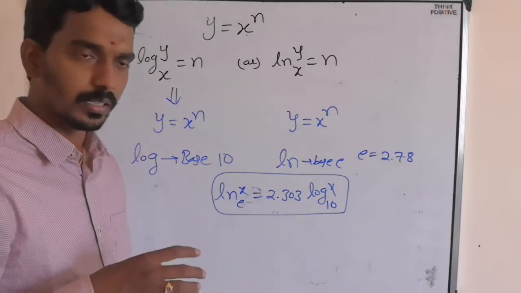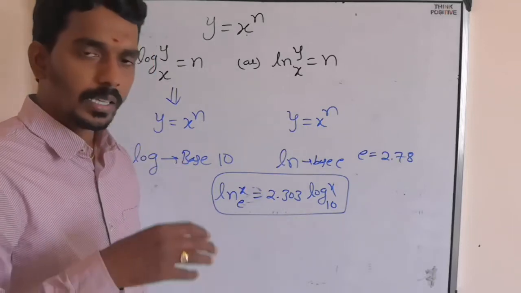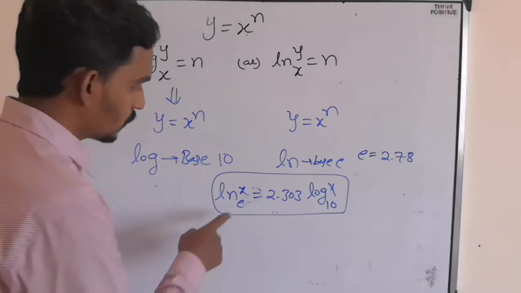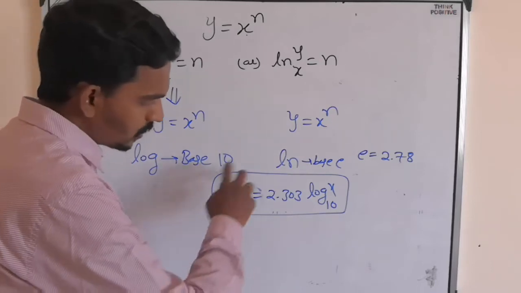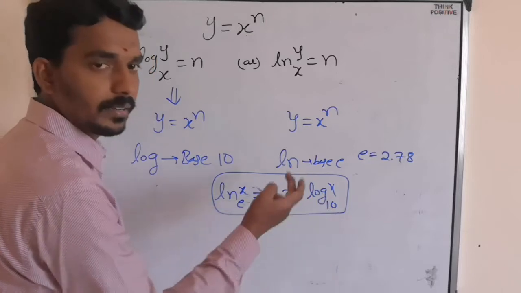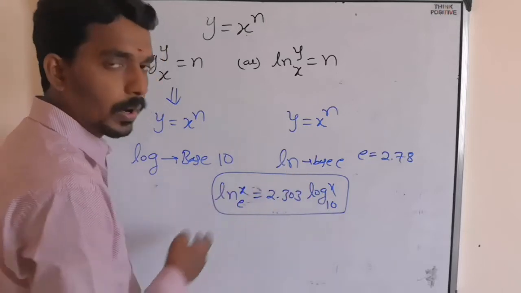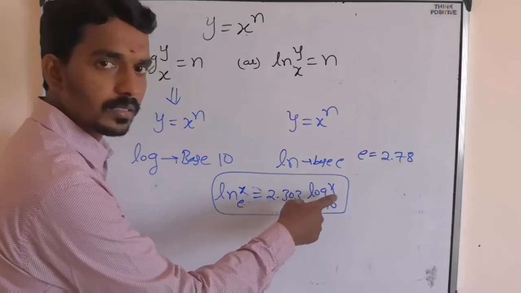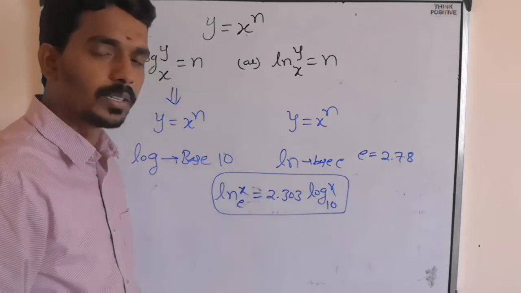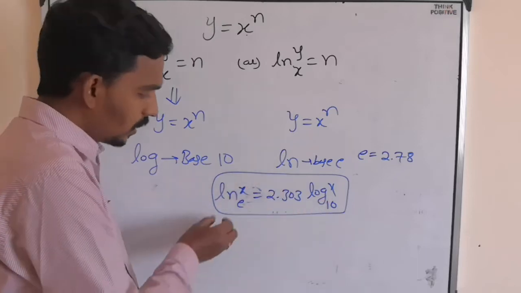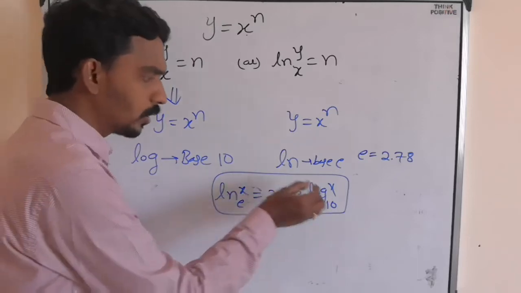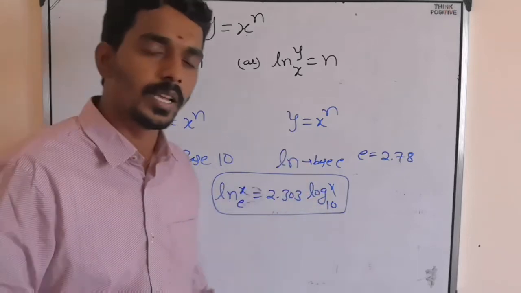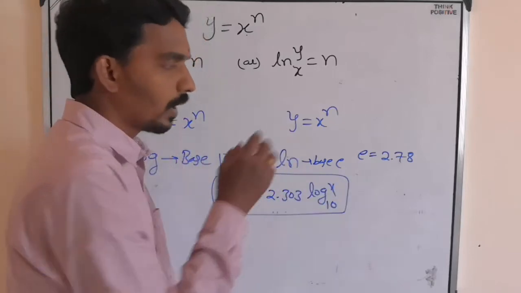So in calculation, anywhere you get a value with respect to base e, you first change it into base 10 by multiplying with 2.303. Ln x is nothing but log x multiplied by 2.303, so you first convert from base e to base 10, then you substitute the log value.